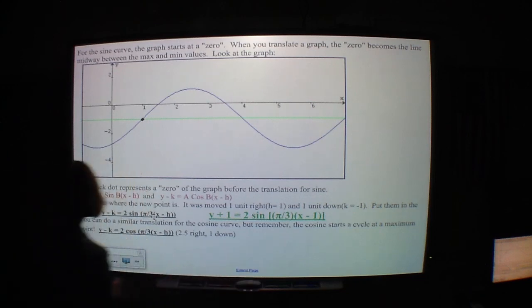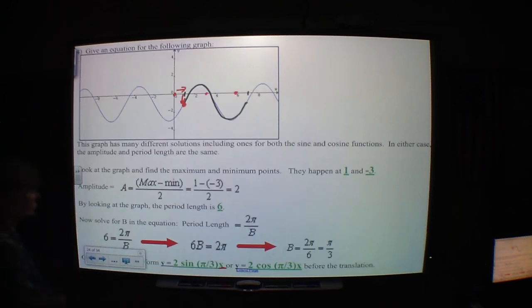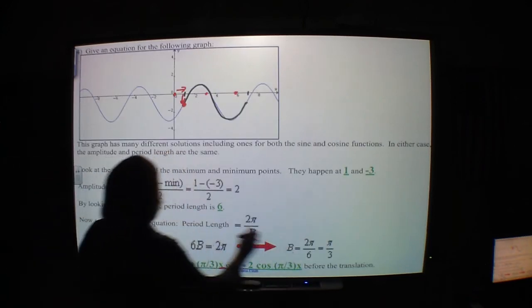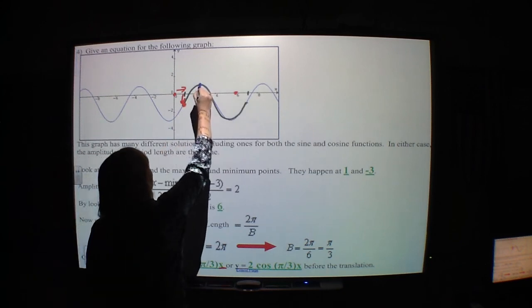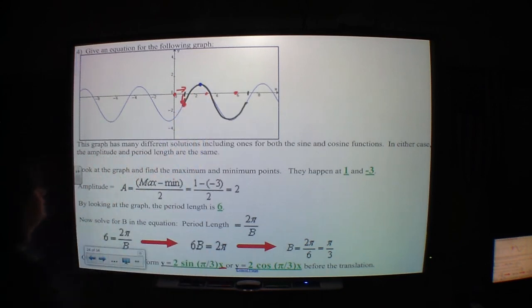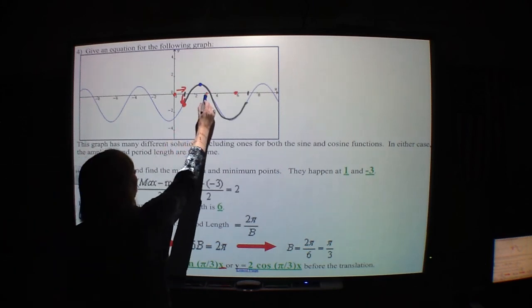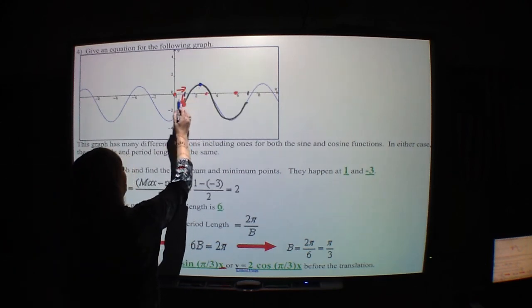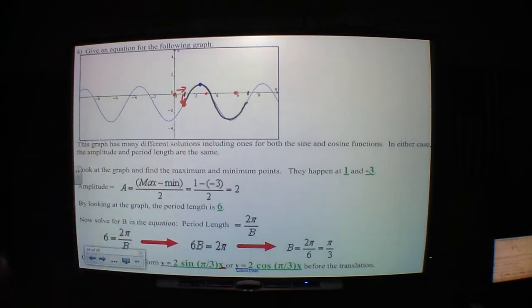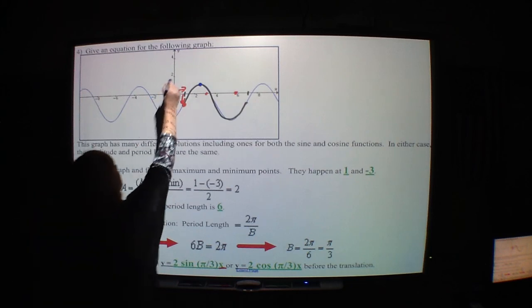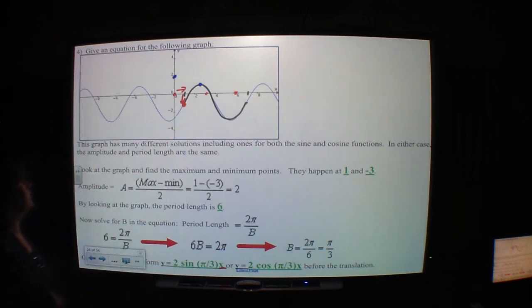Or, if you want to look at the cosine graph, it starts at a maximum. So you could use this point as my maximum. I'll use that one. If this is 2 and this is 3, this is 2.5. So that's where a cosine graph would start.